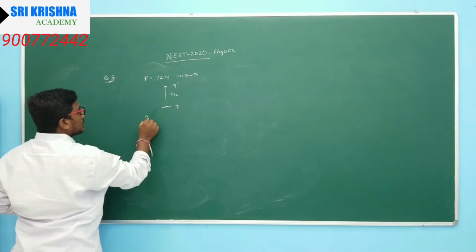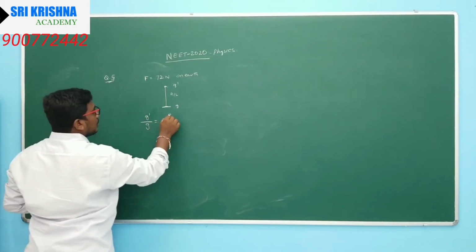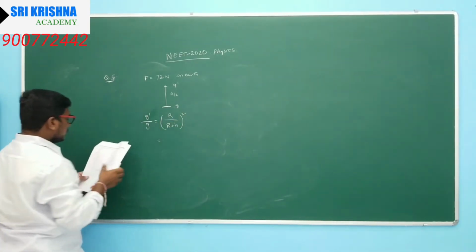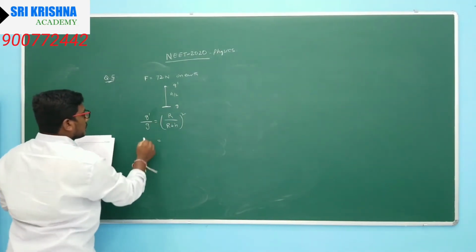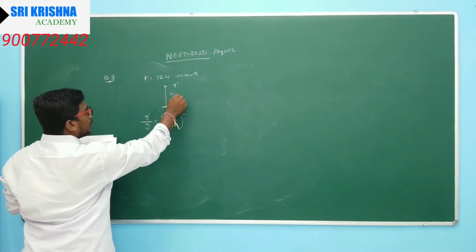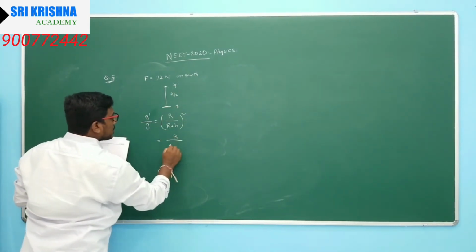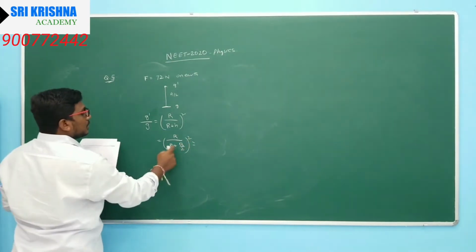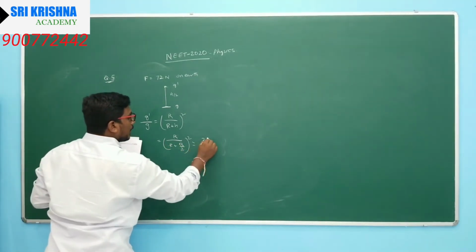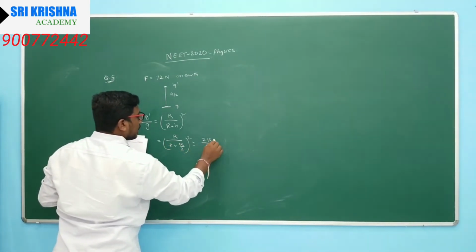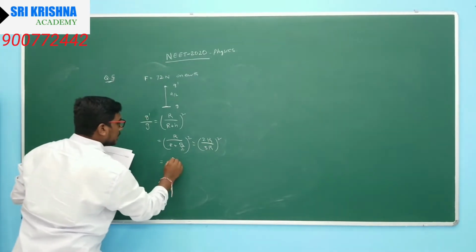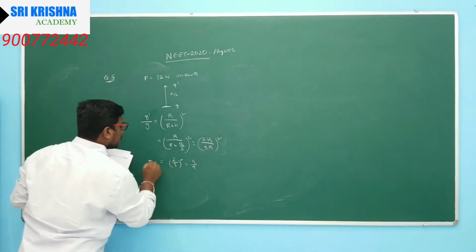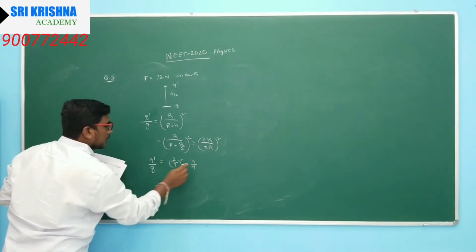So g dash by g is equal to R by R plus h whole square. Here g dash is at height R by 2. Upon simplification, R by R plus R by 2 is 2R by 3R, so it is 2 by 3 whole square, 4 by 9. So g dash by g is 4 by 9.